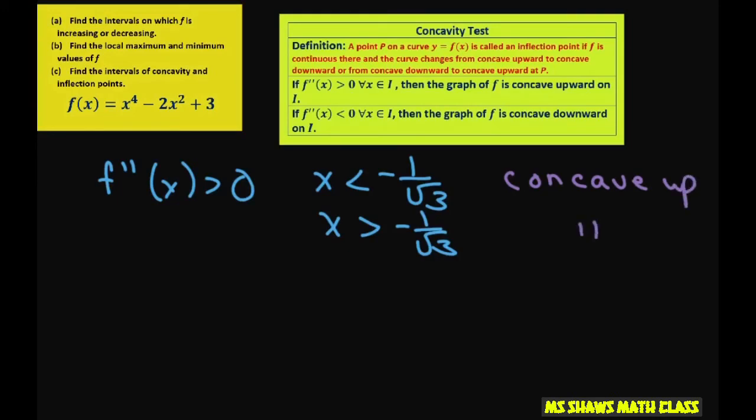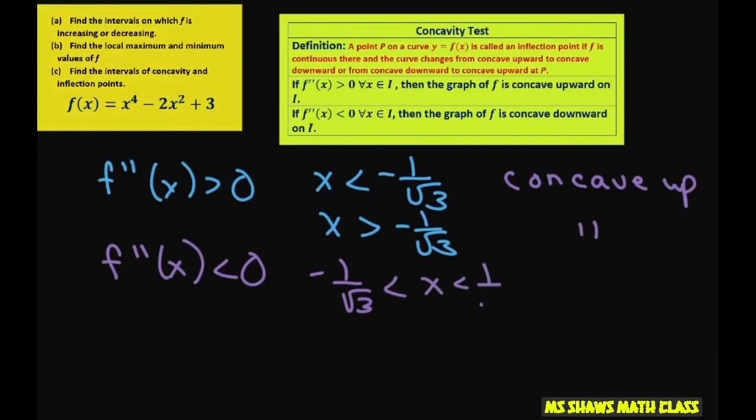And same for here. However, when f double prime of x is negative, that happens on the interval between negative 1 divided by square root of 3 and 1 divided by square root of 3. You could write the interval like this if you want.